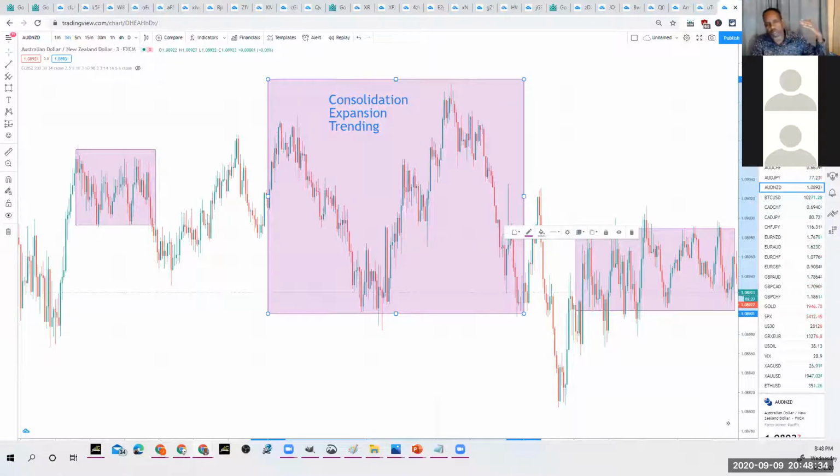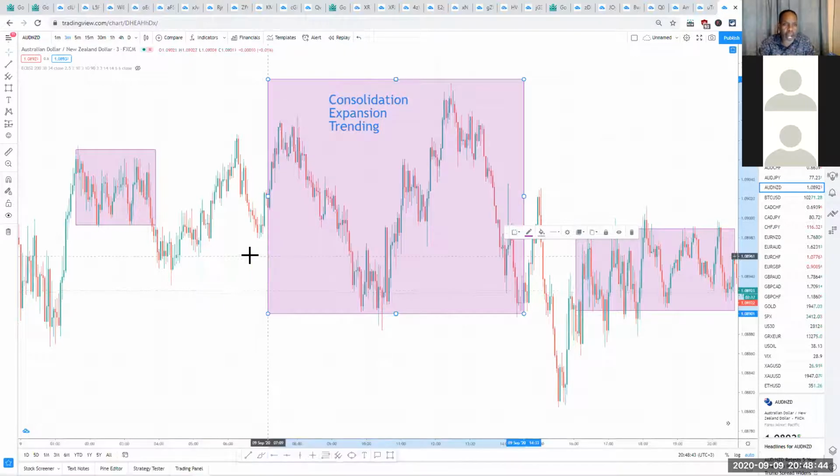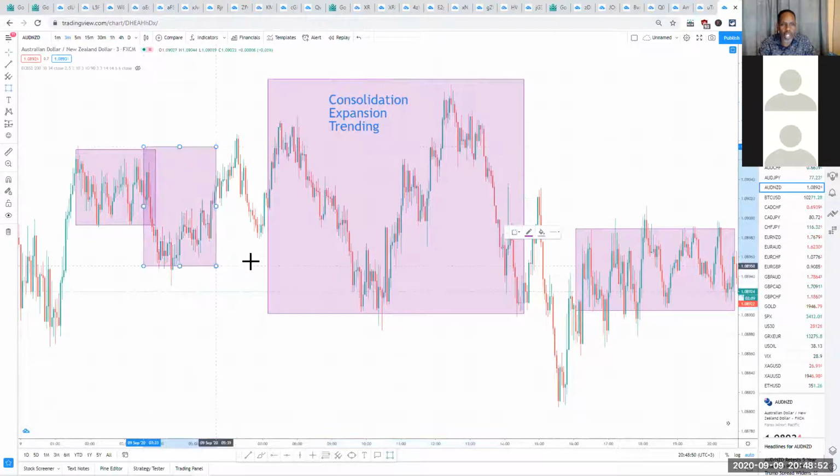So it is moving in one direction and coming back and going in the opposite direction and so on and so forth, okay? You can also refer to a place like here as also an expansion, all right? Because it broke out of this consolidation phase and started to expand.